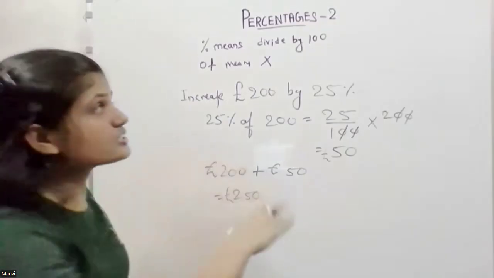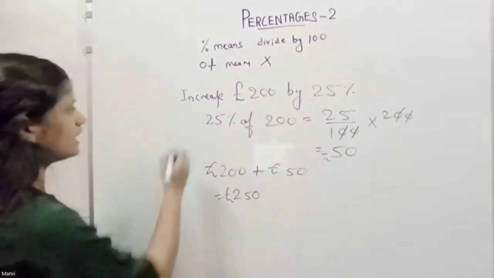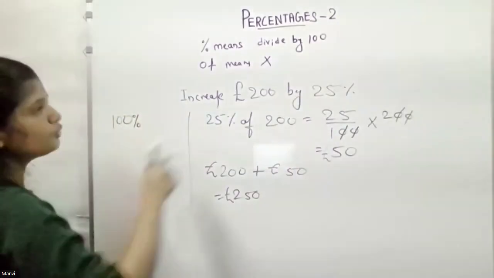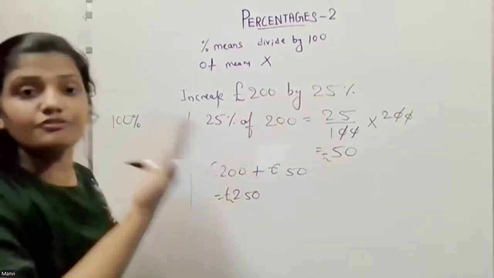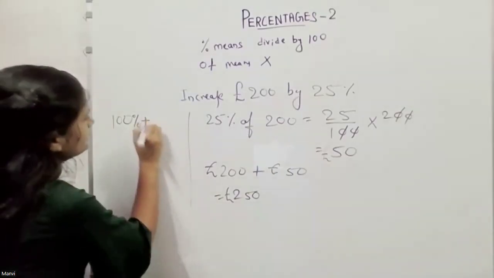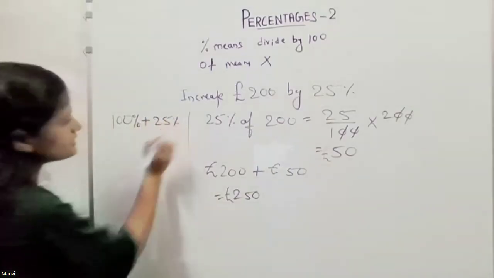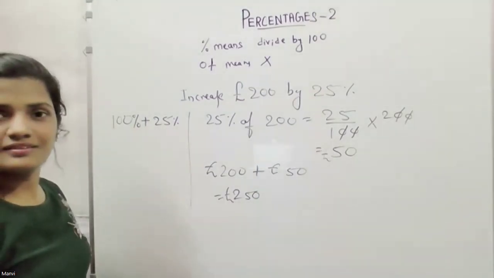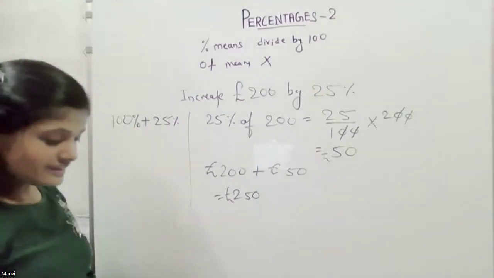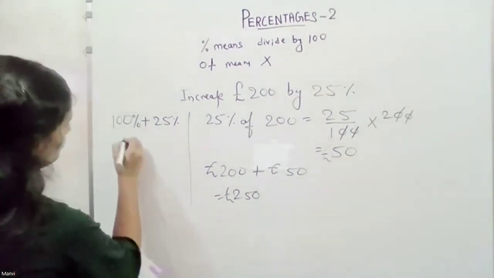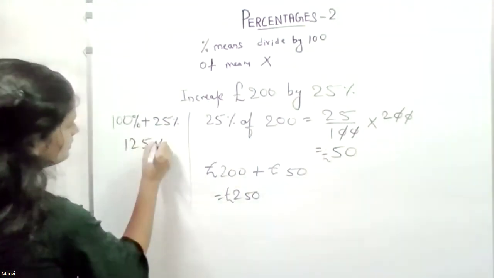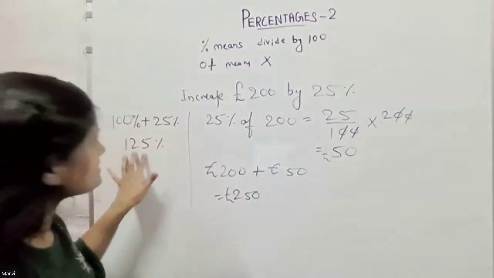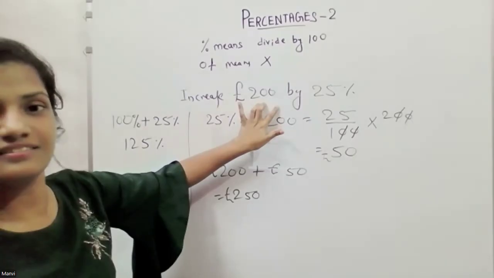And we need to increase 25%. So earlier we have 100%, now we need to increase 25%, which means we need to add 25% to this 100%. That will give you 125%. So we need to find out 125% of 200 actually.